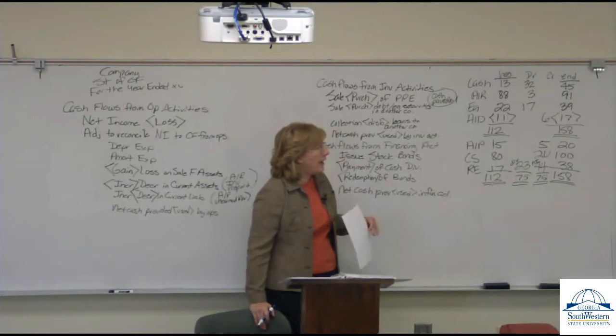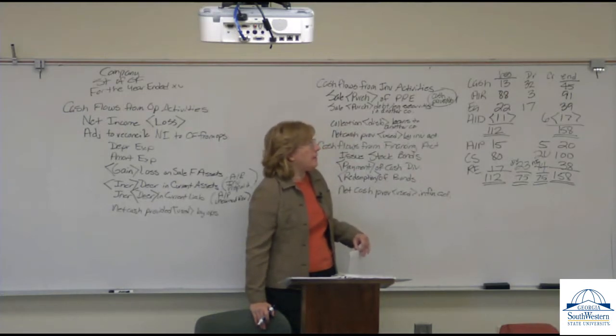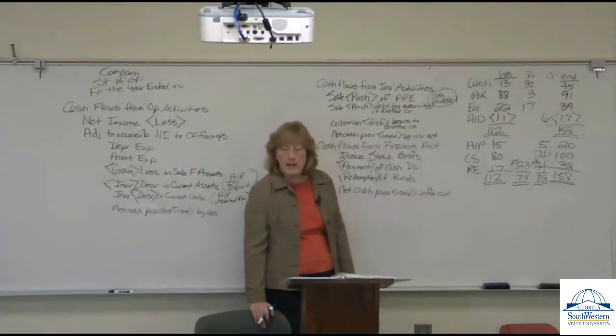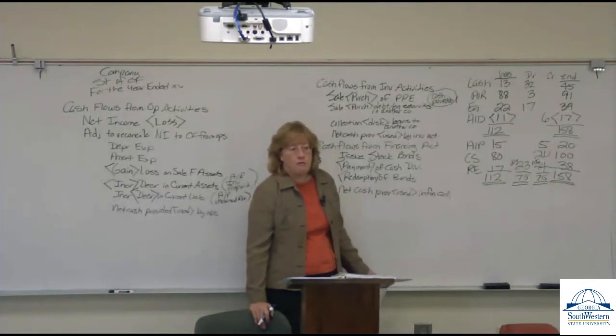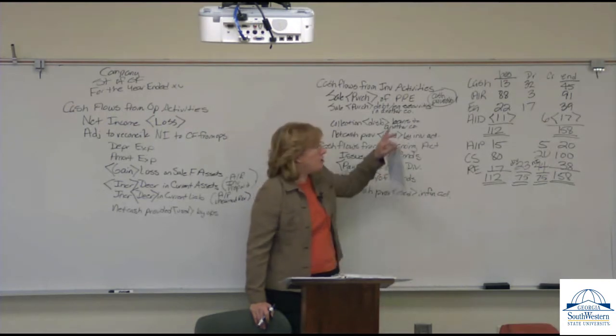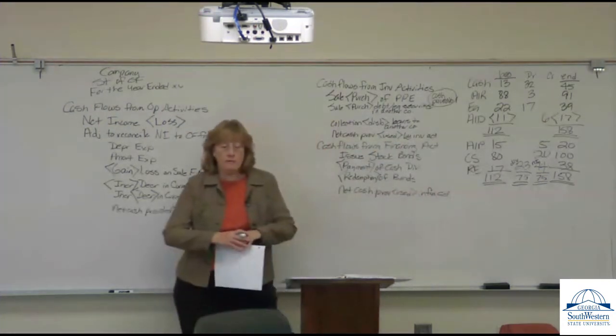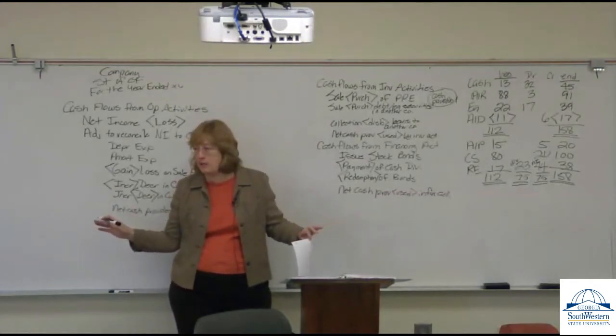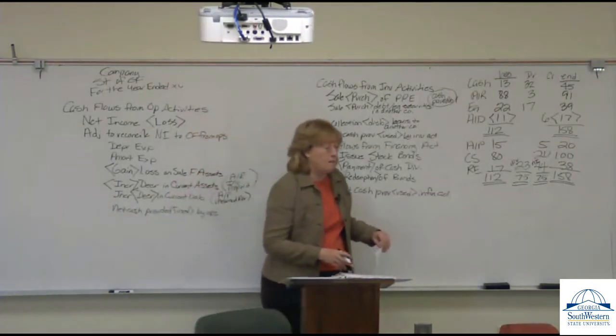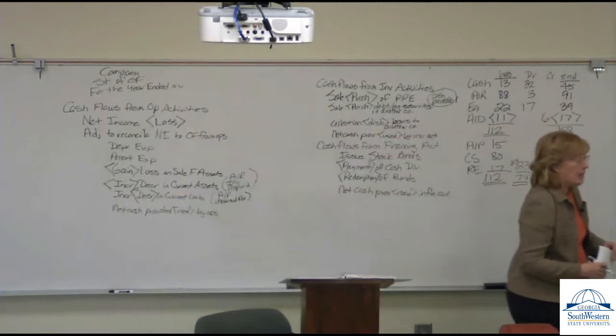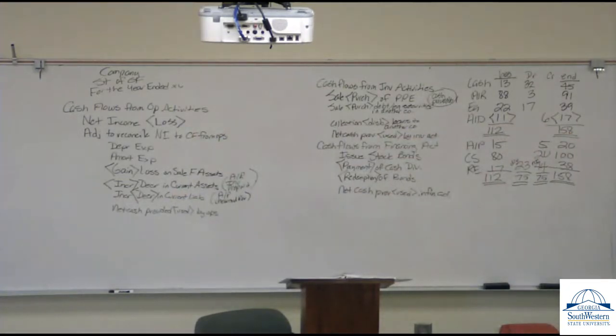Okay, so now after doing this, we really have all of the information for our statement of cash flows. It puts it in a much better format to do this worksheet, especially if we have some kind of very complicated balance sheet, which we don't have here. But if we have a very complicated balance sheet, then it's really helpful to have a worksheet with debits and credits.